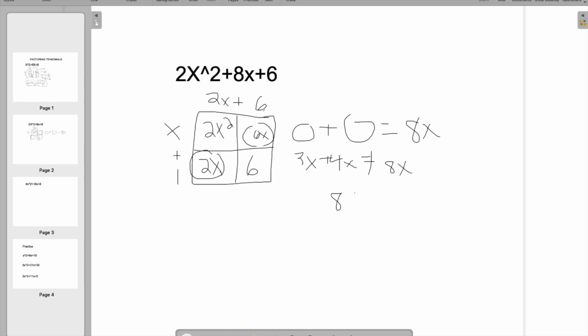So 8x. So 6x plus 2x equals 8x. And now we've solved the equation. So (2x plus 6) times (x plus 1) is how you factor it.